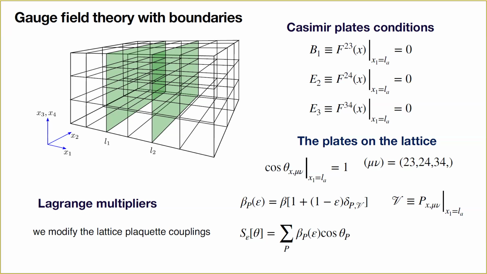To include this in our statistical simulation, we use Lagrange multipliers. So we modify the lattice coupling beta in that way. That means that at those plaquettes which belong to the plates, beta goes to 1.